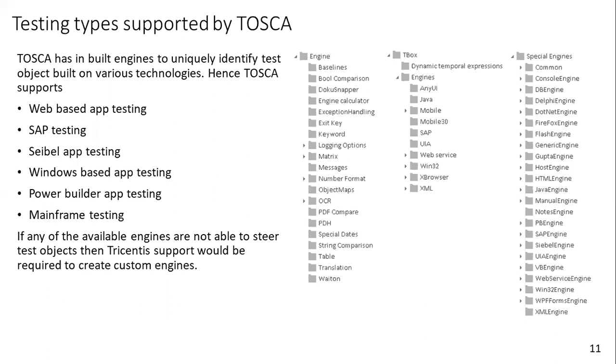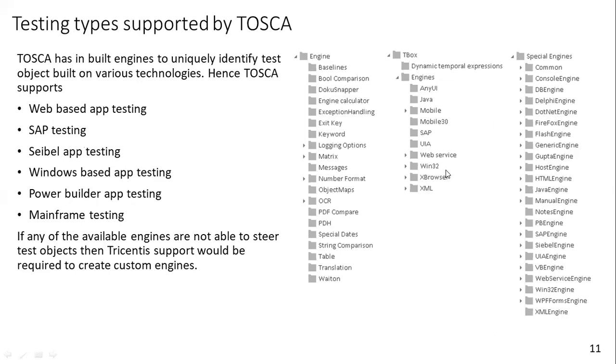Similarly for HTML, if a web page is there, it will identify the web page with the HTML engine. Anything for the desktop is the Win32 engine. Some forms will be for the WPF forms engine. So it will be identified by that. Host engine is for mainframes.